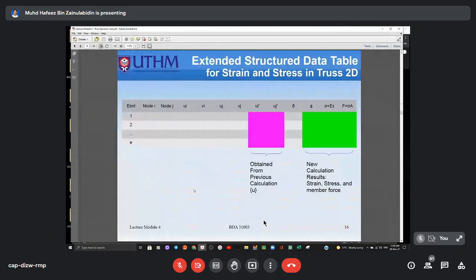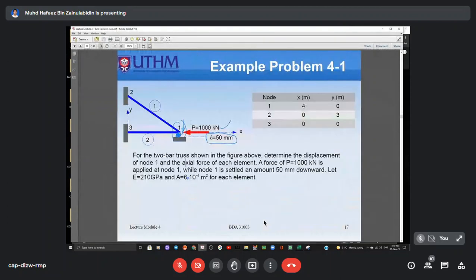Go back to the figure. In our case here, node 1, we constrain node 1 50 millimeter downward. So that means 1 constraint there. Vertically downward, that means V1 equals 50 millimeter downward. U1, which is horizontal displacement node 1, no constraint. Just leave it like that.